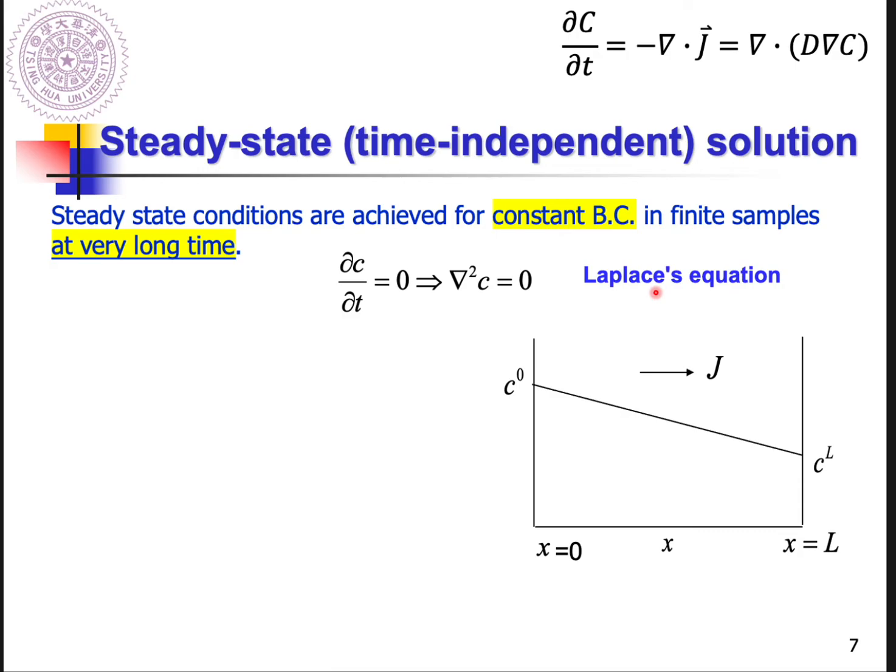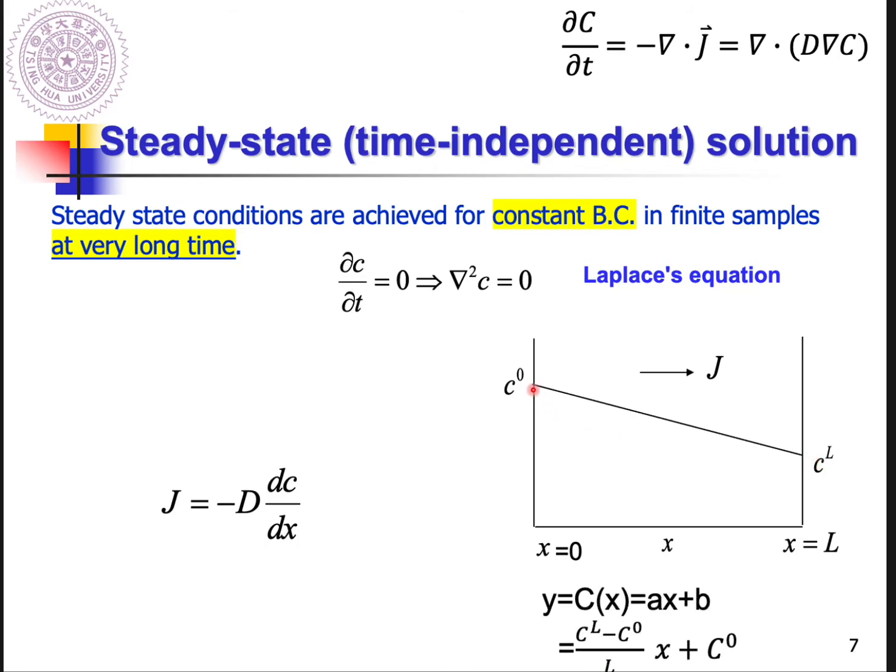And to get the magnitude of the atomic flux, flux equals minus diffusivity times the concentration gradient, based on Fick's first law, right? And this is the data I measured from my experiments. By analyzing these curves, I can get the concentration profile as a function of location.